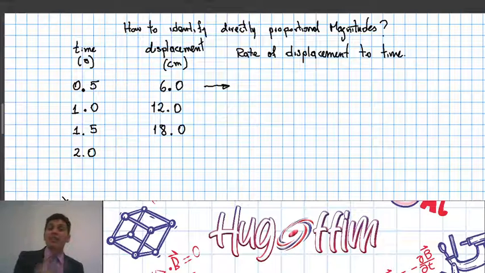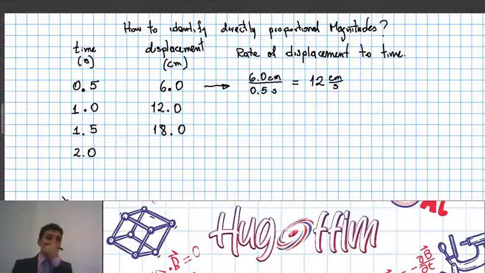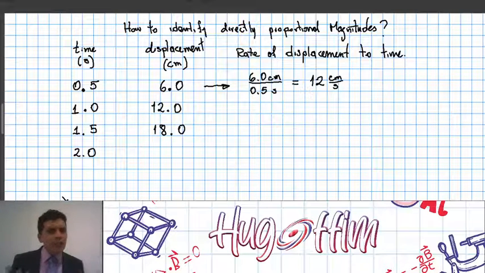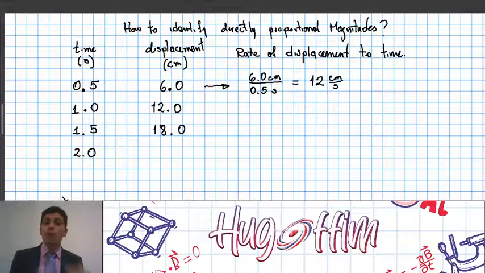if we take the rate of displacement to time, I'm going to get 6.0 centimeters over 0.5 seconds. Or in plain terms, 6.0 divided by 0.5 is 12 centimeters per second. But then you ask, what happened to the rate of the second measurement?